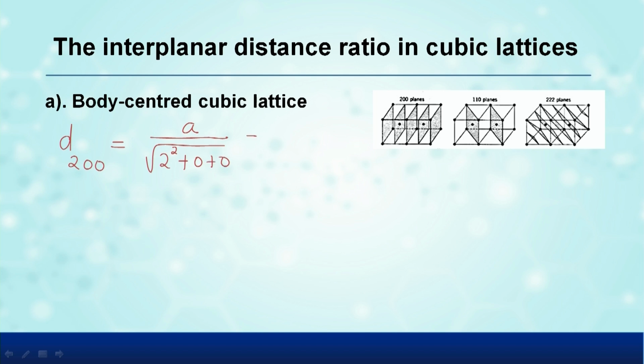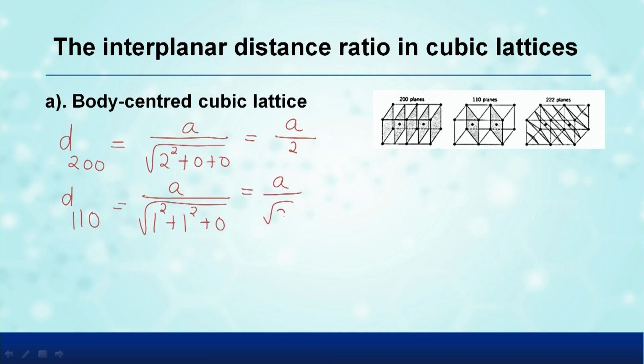So, that is equal to A by root 4, that is, A by 2. Now, next is D110. So, that is equal to A by root of 1 square plus 1 square plus 0, which is equal to A by root 2.